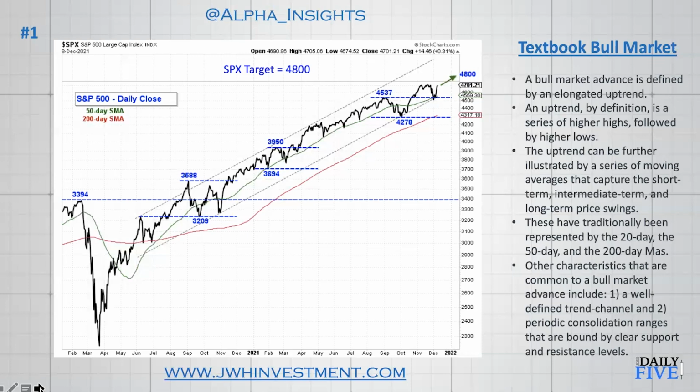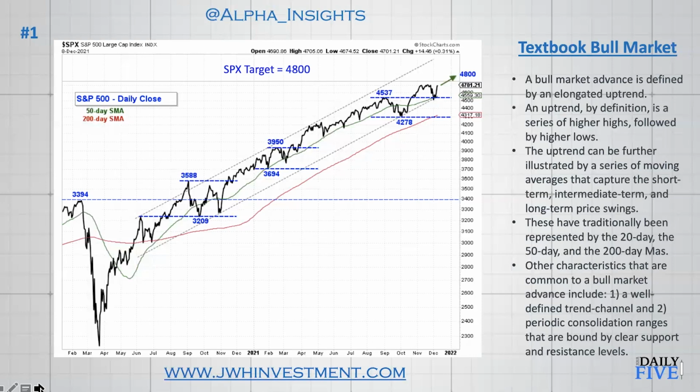The first is that a bull market advance is characterized by a sustained uptrend, an elongated uptrend, I think, is the exact words they use. And that's what I'm looking at right here. The uptrend by definition is a series of higher highs followed by higher lows, and we can see that's exactly what we're looking at in this picture.